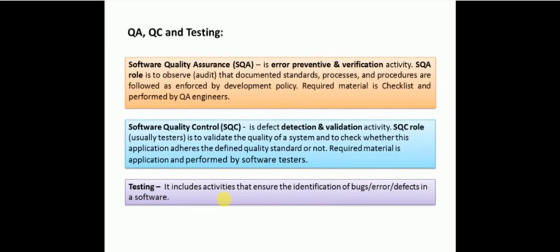Okay, and now what's QC? QC is a defect detection and validation activity. Suppose your product has been made and now you are sending this product to testers. The coding has been done, the product is ready. Before releasing the product in market, they perform different types of activity to validate your actual product against expected standards and expected benchmarks.